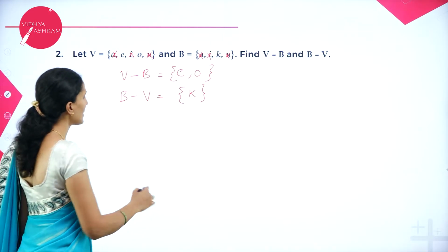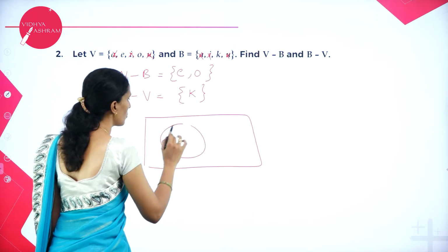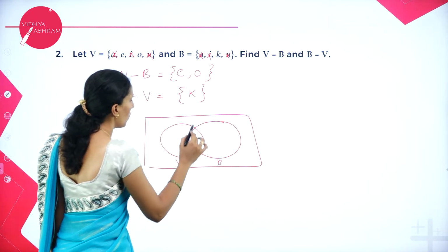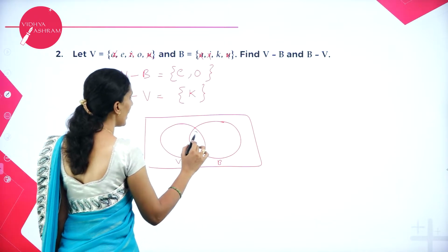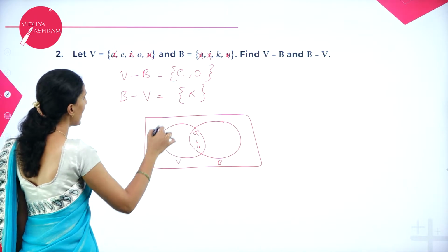If you represent this in a Venn diagram, this is your universal set, this is your set V, this is your set B. What are the common elements? A, I, U, written in the overlapping region.